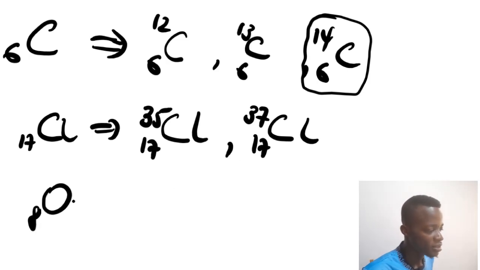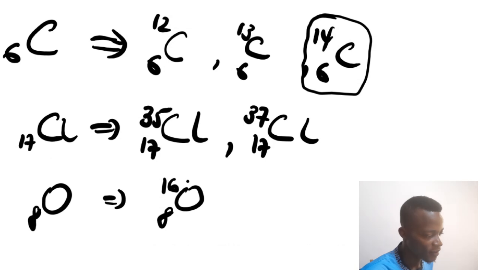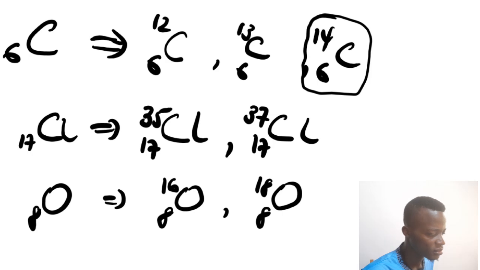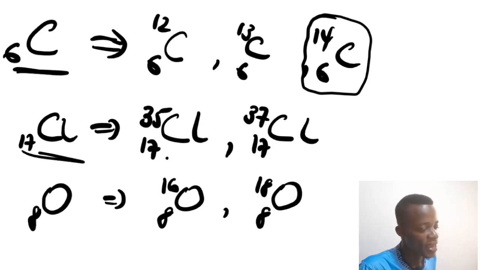Oxygen, we have oxygen 16 and oxygen 18, or 17. So these are the common elements and their isotopes, right?